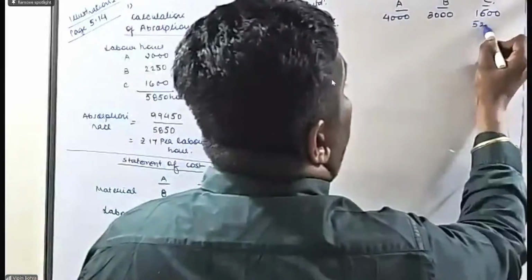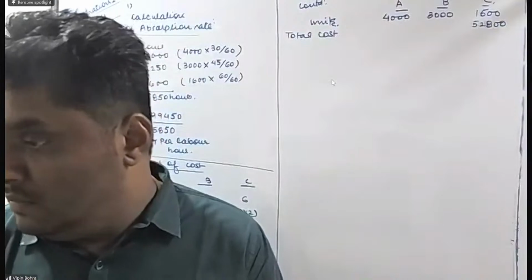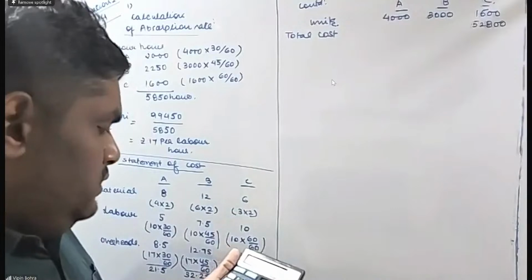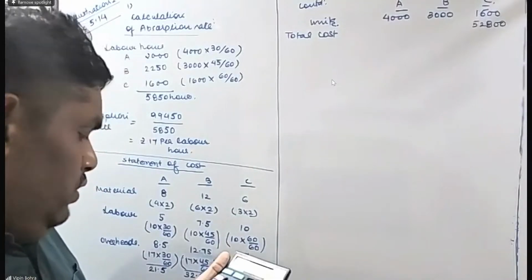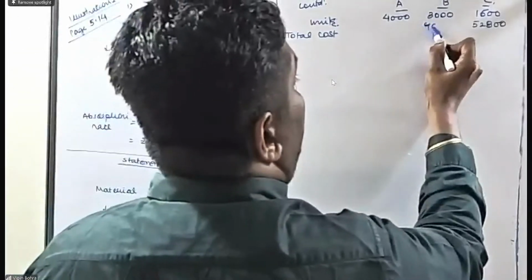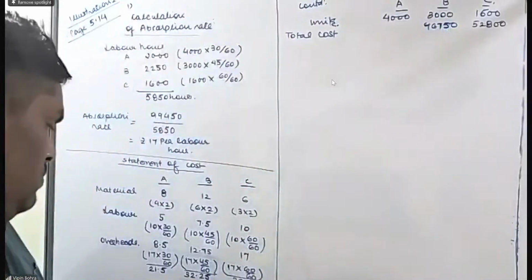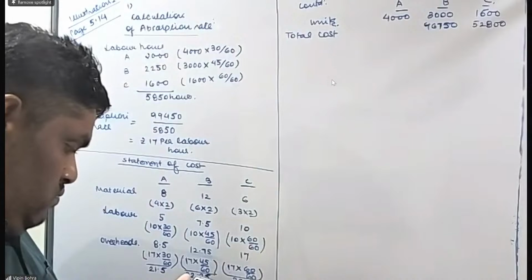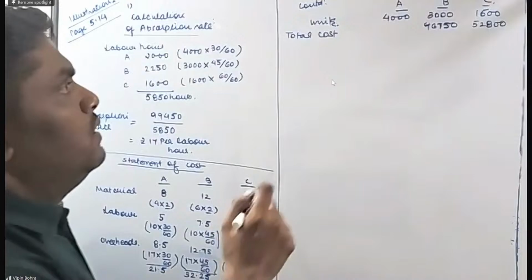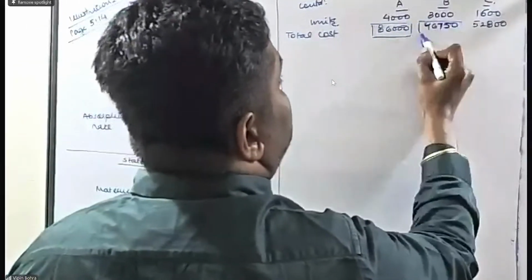So this will be 52,800. Very good, almost. 3,000 into 32.25 will be 96,750. And this will be 86,000. So this is how the total cost is calculated.